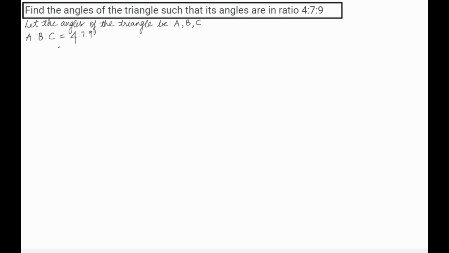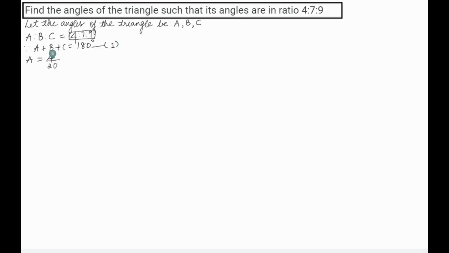And we also know that the sum of the angles of a triangle is equal to 180 degrees or pi radians. That is, angle A plus angle B plus angle C is equal to 180 degrees. Let this be equation 1.